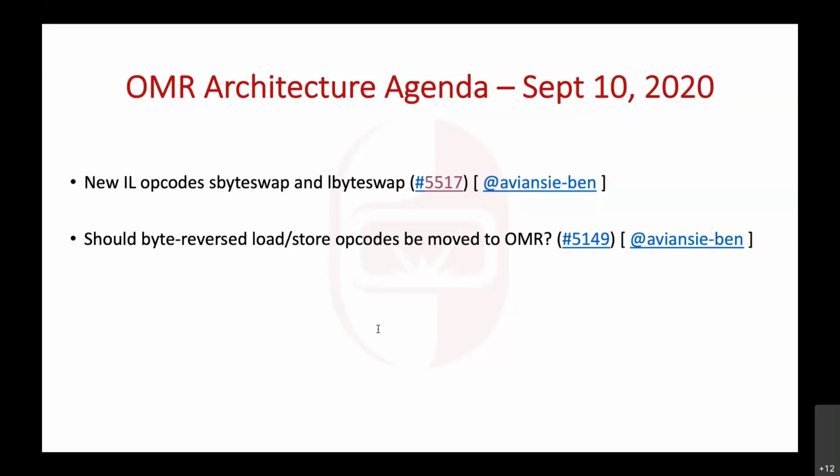You can constant fold them, and if you have 2 byte swaps in a row, you can eliminate them. But I don't see terribly many simplifier style optimizations that you really do on these things. I guess that depends whether we're going to support reverse load store. Because if we are, then right, there is also that. Load. Yeah.